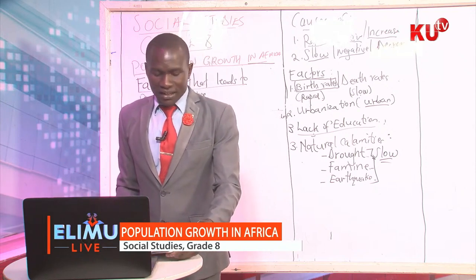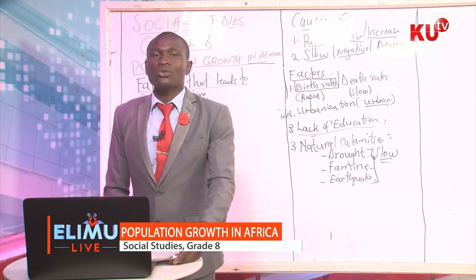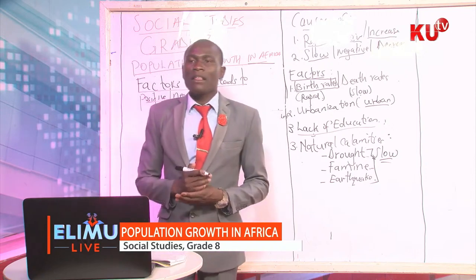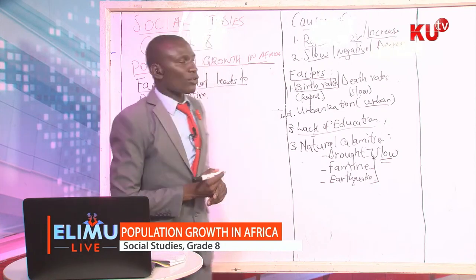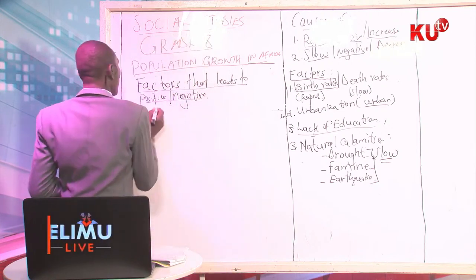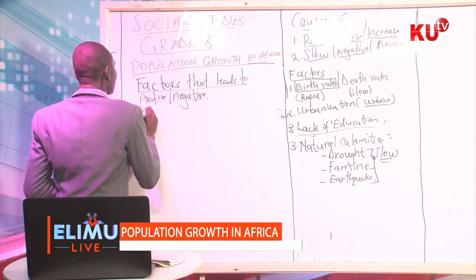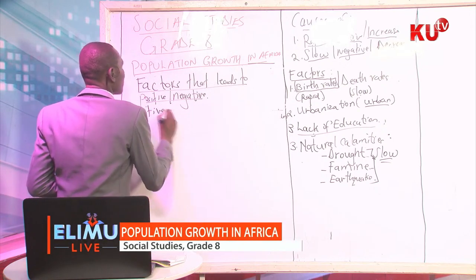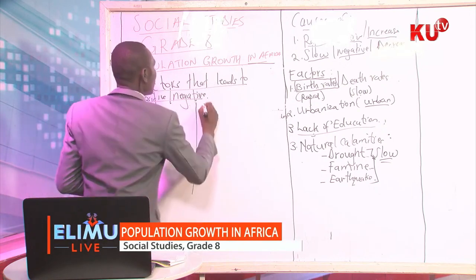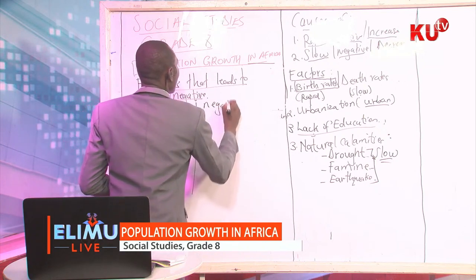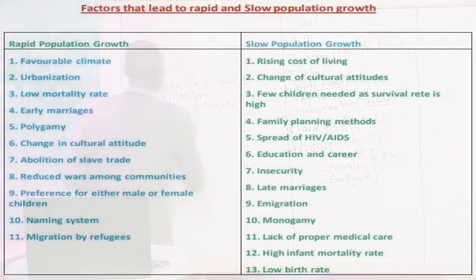And I know my director is projecting the notes for you so that you can view them. The first factor on the positive side, and the ones on the negative side. What are these factors apart from the ones we have looked at?